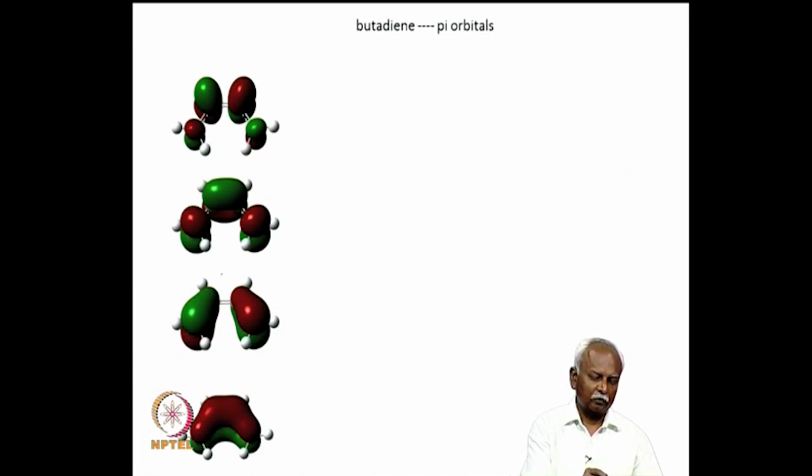There is this single node in between the 2 double bonds, and you have the 2 nodes in this case and the 3 nodes that are pictured here. So, the butadiene orbitals that are available are kept in one plane, and the metal is below that plane, and it is interacting with the butadiene.